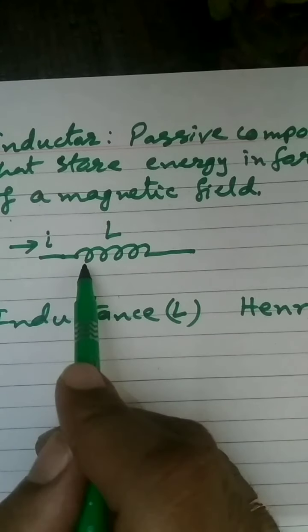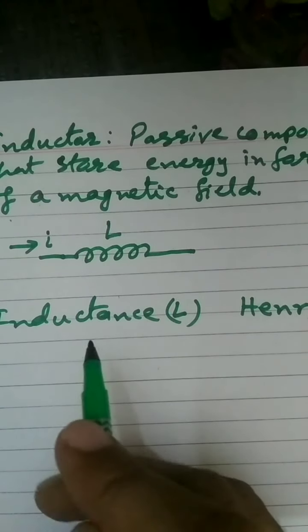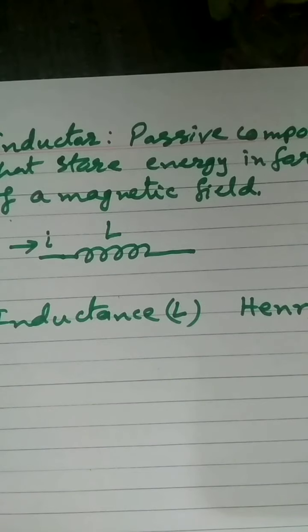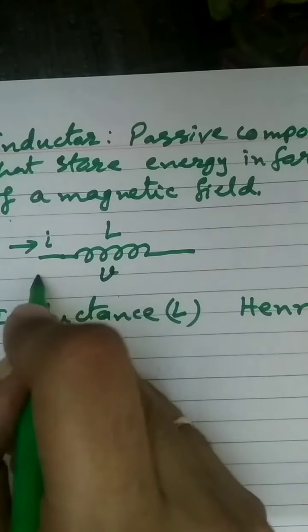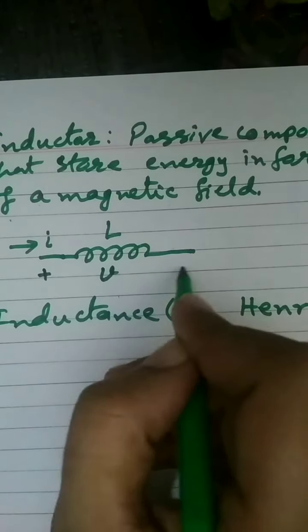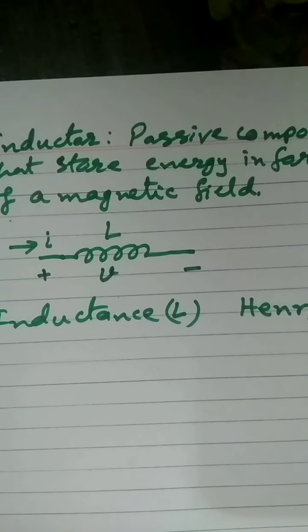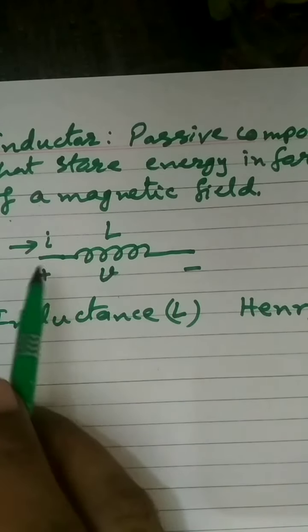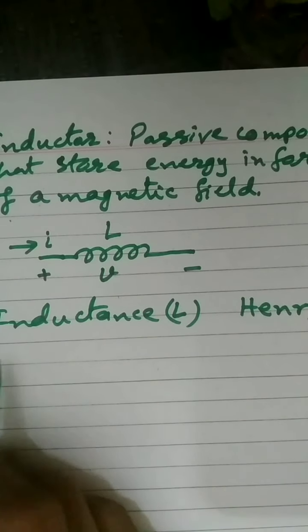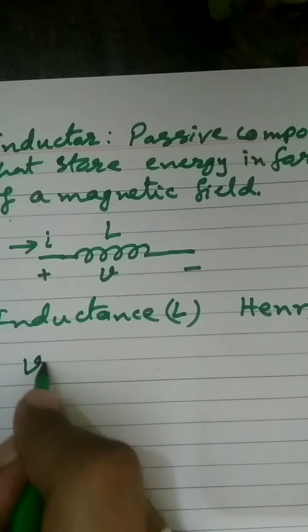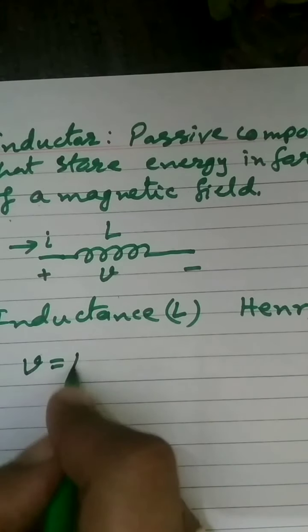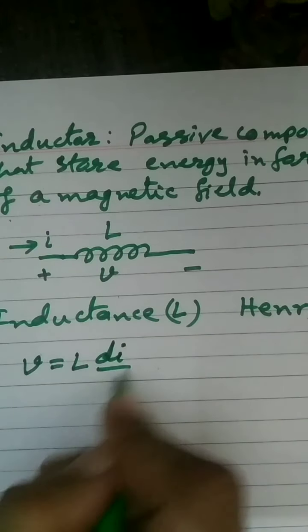If the current changes with respect to the time, then according to the Faraday law of electromagnetic induction, an EMF will be induced across this material, V. So the relation between the voltage and current in an inductor is represented as V is equal to L di upon dt.